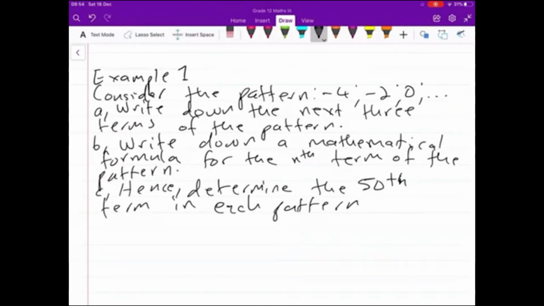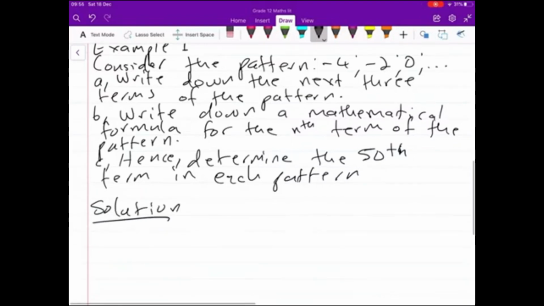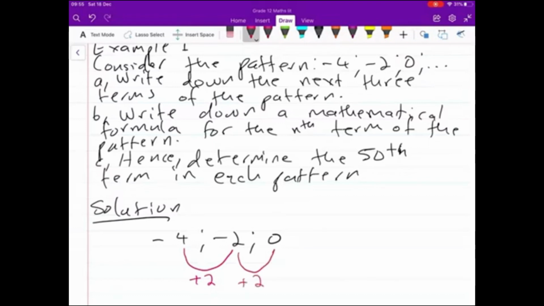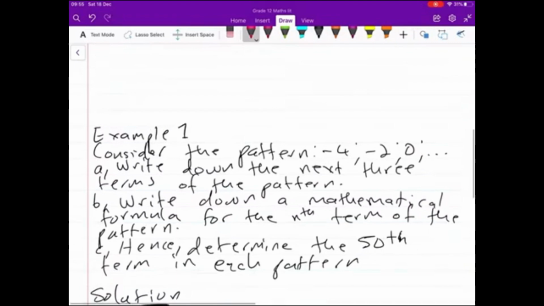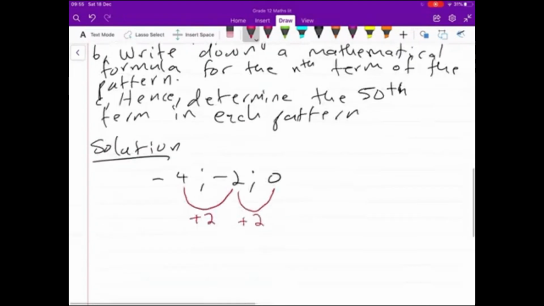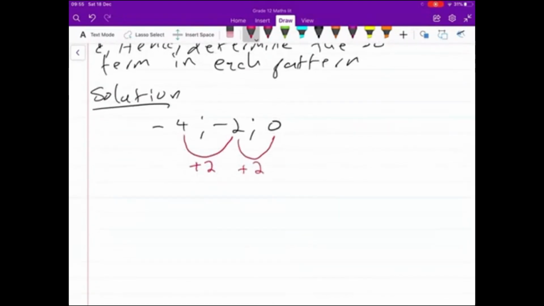Example 1. They say to us we must consider the sequence minus 4, minus 2, and 0. If you look at this sequence, for us to go from here to here, we had to add 2. For us to go from there to there, we have to add 2. Some of the things I have neglected mentioning in the notes, I will mention as I explain the example.